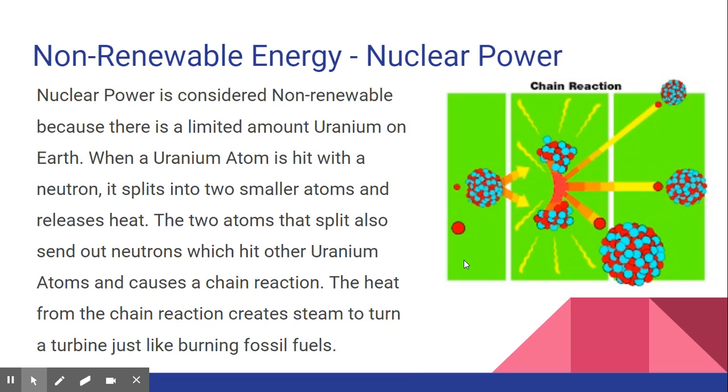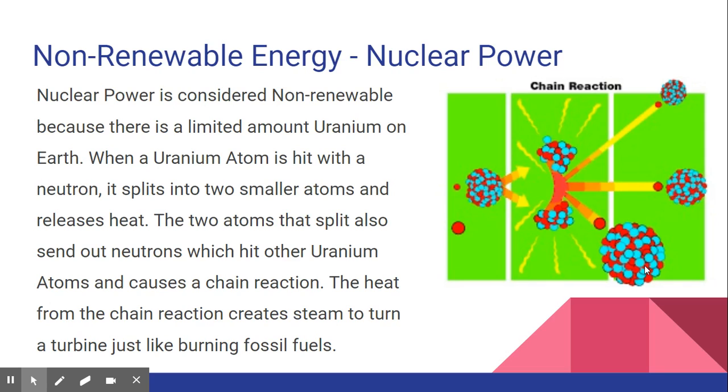And that's the big difference between a nuclear power plant and a nuclear bomb: in a nuclear power plant, they contain and slow down the number of these other atoms that get split apart in that chain reaction. The bombs, nuclear bombs, are those uncontrolled chain reactions where just everything goes off at once.